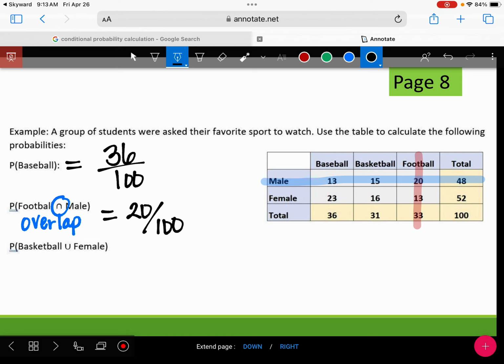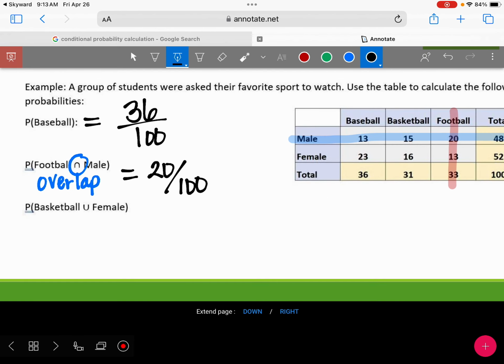Now, OR is a formula, okay? OR has a formula. So the formula for OR, this is going to take a little bit of space. The first thing you're going to do is figure out how many people said they like basketball. Then we're going to add that to how many females.